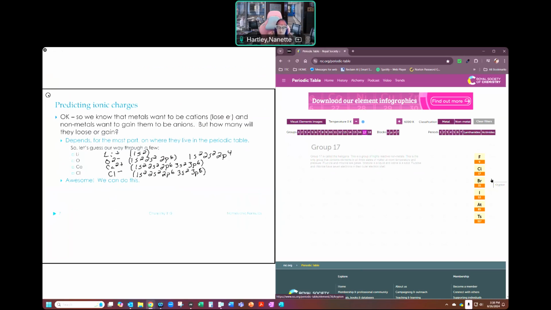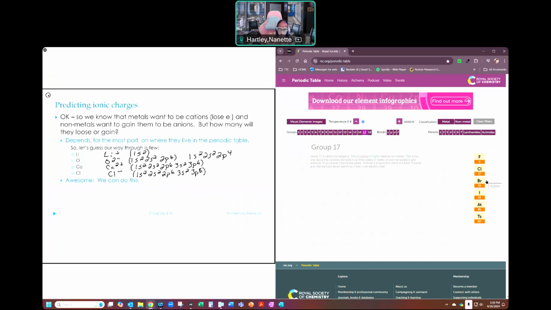Okay. So we can start to see that this is sort of a pattern. We see that when we're in row 1, we get to be 1s2. When we're in rows 2 or 3, it's an s2p6 situation. And that means that we've got the s and the p full, right?